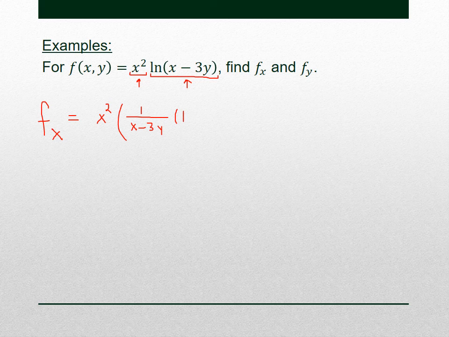So x has derivative 1, and minus 3y, well, that's minus 3y. We treat y as a constant because we're taking the partial derivative with respect to x. So we get minus 0. 3y is still a constant if y is a constant. But that's just multiplying by 1. So you don't need to write that.